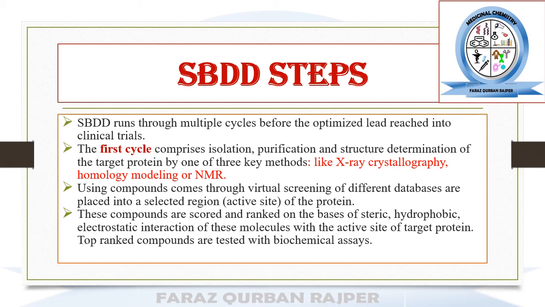In the next cycle, the different hit molecules which we have selected through the virtual screening process from different database sources are evaluated for their binding affinity with the target binding sites.